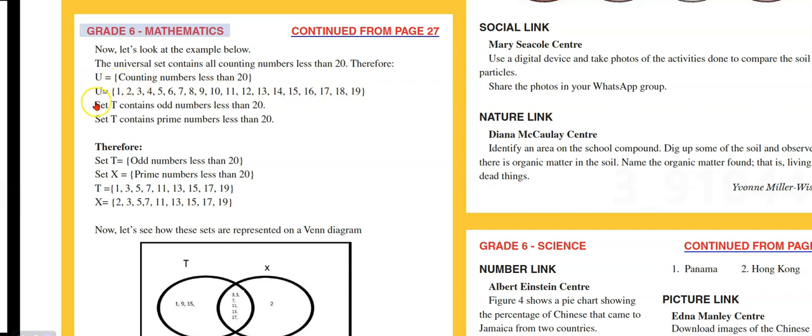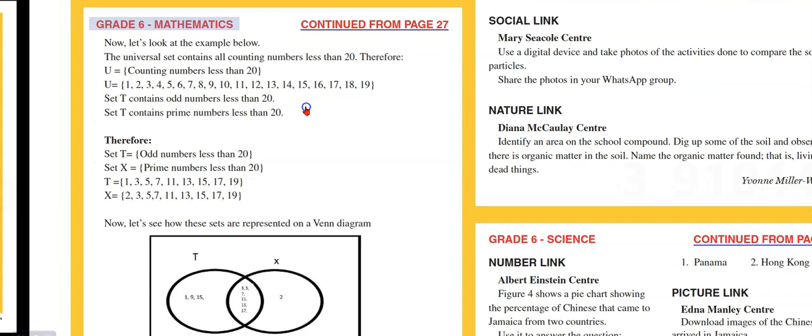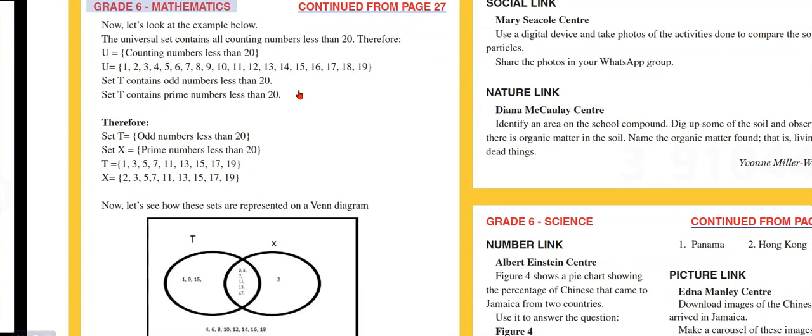All right. Set T would be odd numbers less than 20. Odd numbers less than 20. Set T contains prime numbers less than 20. Okay. I wonder if that is set T or set X. So here again another error.